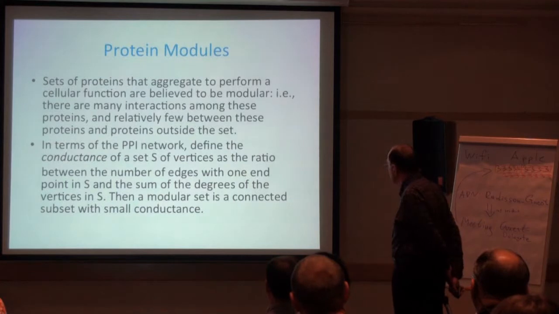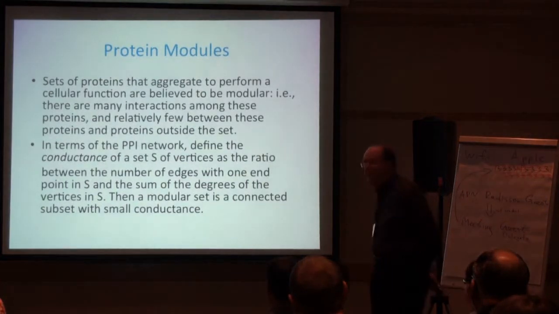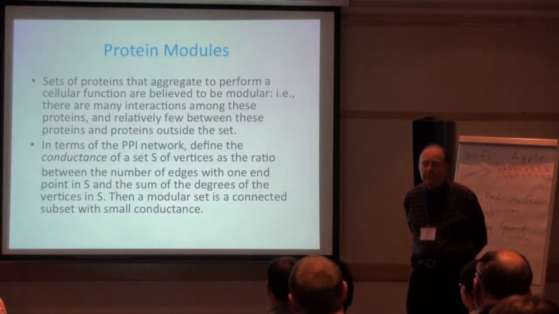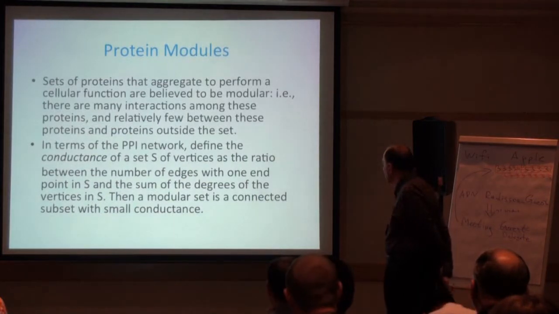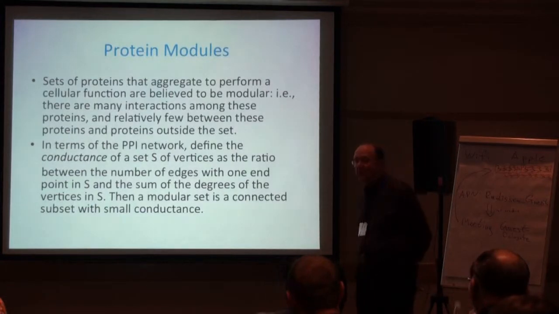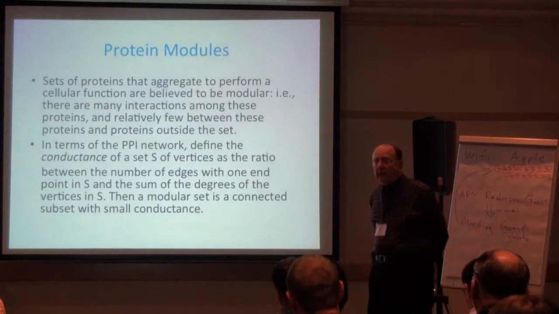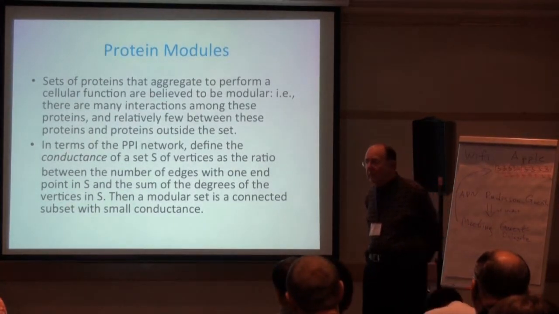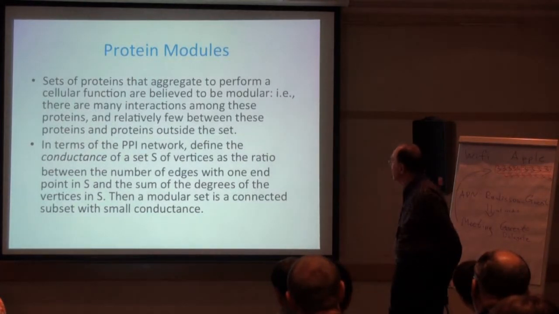The conductance is defined as the ratio between the number of the edges from the set to the outside, the number of edges with exactly one endpoint in the set, divided by the number of interactions between the proteins in the set. And so one clue to find protein modules is to look for connected subgraphs with low conductance, a relatively small number of connections outside the set compared to the number of connections within the set.